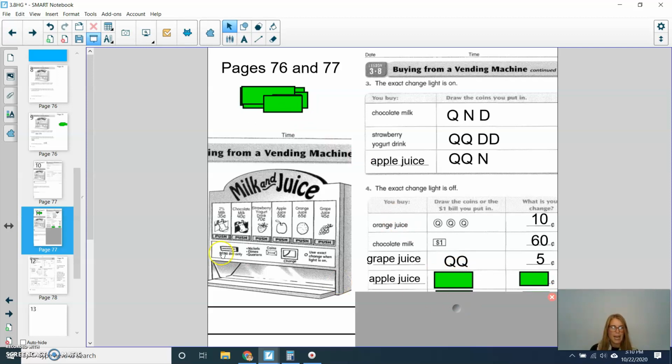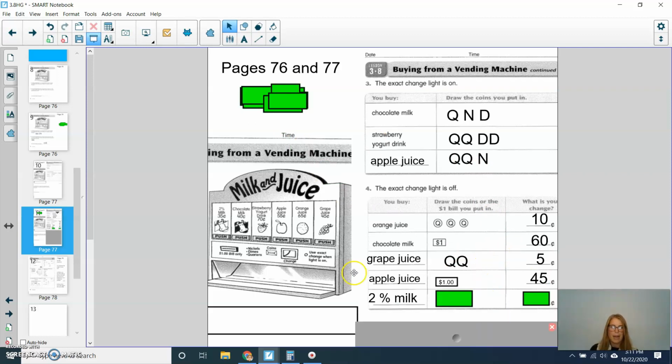Then I chose apple juice, which is 55 cents, and I paid with $1, and I want to know how much change I would get back. If I'm at 55, I know 5 cents would bring me to 60, and then 40 would bring me from 60 to 100. So my change would be 45 cents.